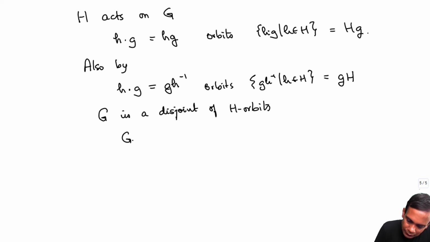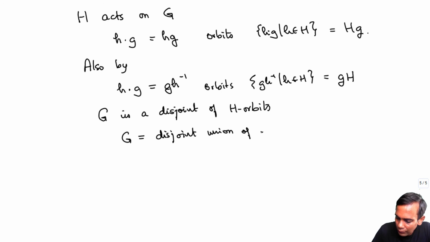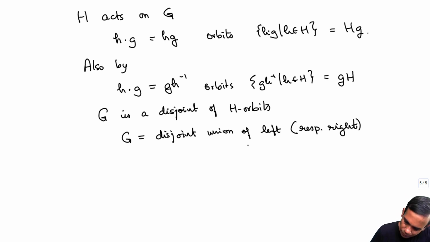So G is a disjoint union of left cosets or right cosets. And each of these cosets has the same size, namely the cardinality of H.